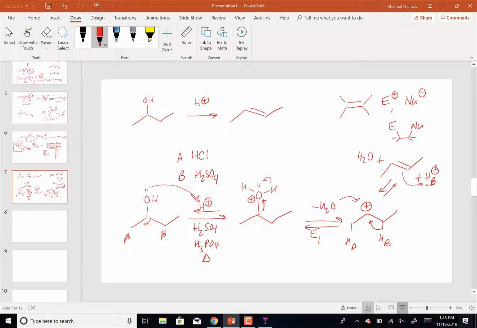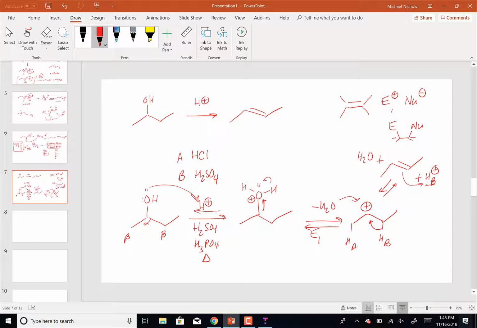That topic actually first got introduced in exam 1 on one of the problems that I gave you. We'll go back. There's going to be another rule that we'll use, which is called Markovnikov's rule, for another Russian chemist.